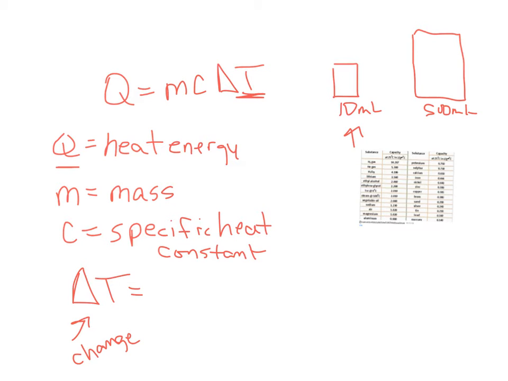So to calculate our delta T, we take the final temperature, I'll write a little F for final, minus where we started. We're not worried about where it ended. We want to know the total change in temperature, because that change is what's going to give us our value for the total heat energy change, our Q. So, our initial temperature.